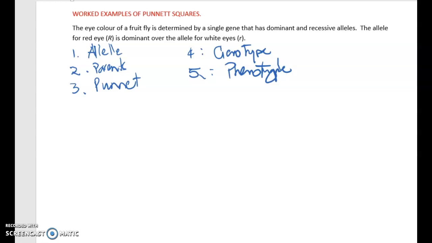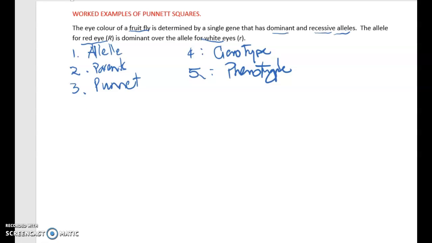So the first thing is we learn what the alleles are. And remember, one will be dominant and one will be recessive in these examples. And we're looking for eye color of a fruit fly. And the eye colors are either red or white. So remember, we usually use the letter that best represents the trait.